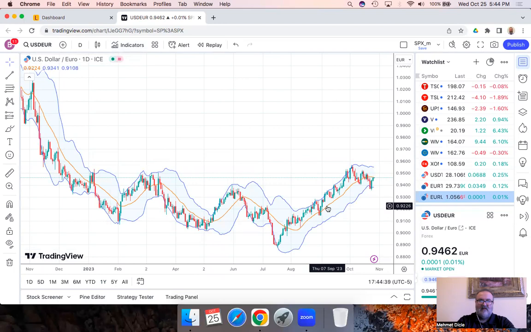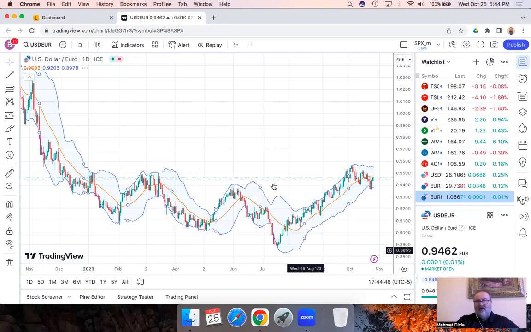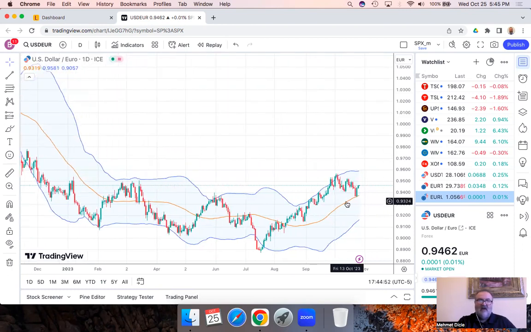And I want to look at this particular one again. Now, we are right around that mean, which we kind of knew before we did the Bollinger, but notice though that whenever we break above these ranges or below these ranges in the dollar euro, it seems to correct itself.